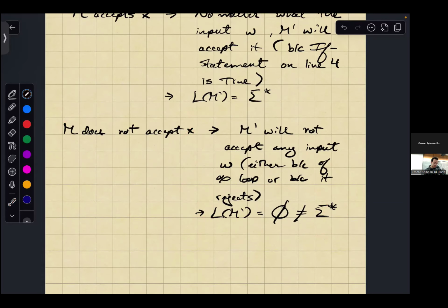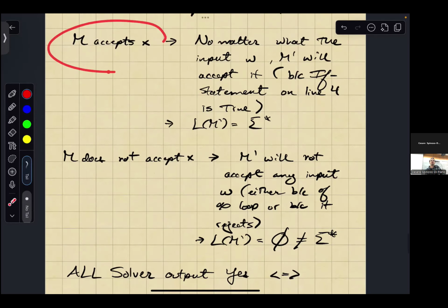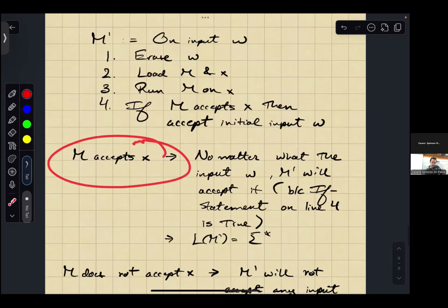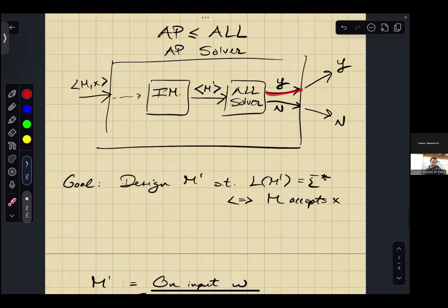So that tells me that the all solver that I assumed exists will output yes if and only if M accepts X. So this says yes if and only if the initial input here was yes. If it's no, then it returns no.